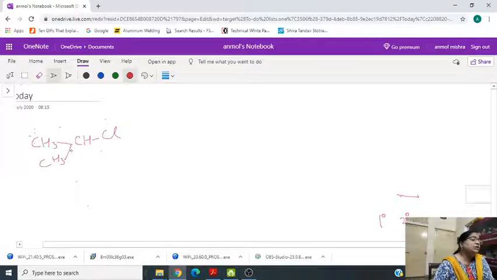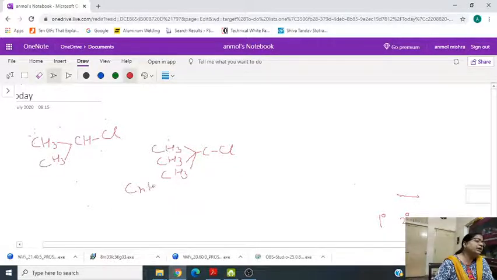Or if three alkyl groups are present, then it is called a tertiary alkyl halide. Now the general formula which we can use for this is CnH2n+1X. It is for haloalkanes.